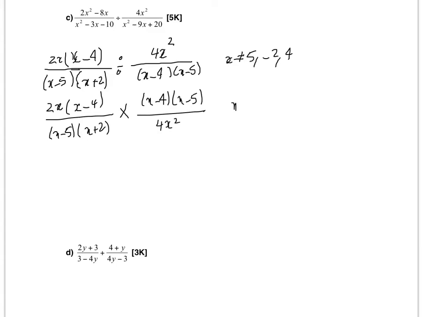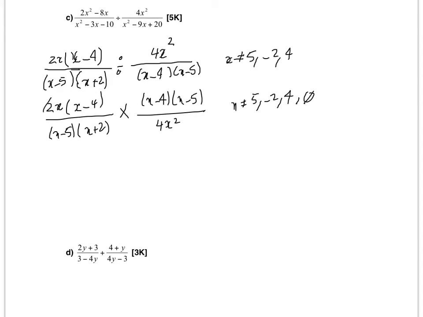And the restrictions are x cannot be 5, negative 2, and 4. But if I look at the denominator now, I have introduced another restriction, which is x cannot be equal to 0. So I'm going to add it to my list of restrictions. Now I'm going to go ahead and simplify.